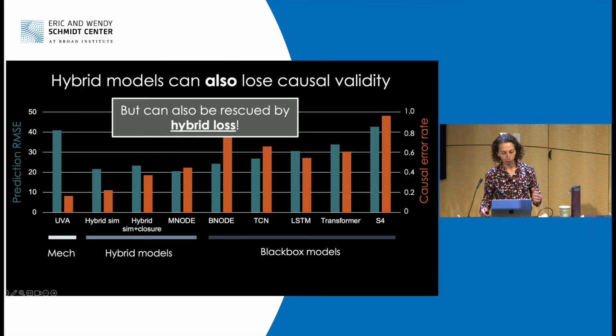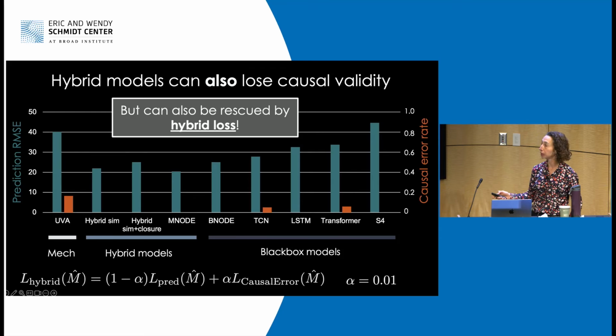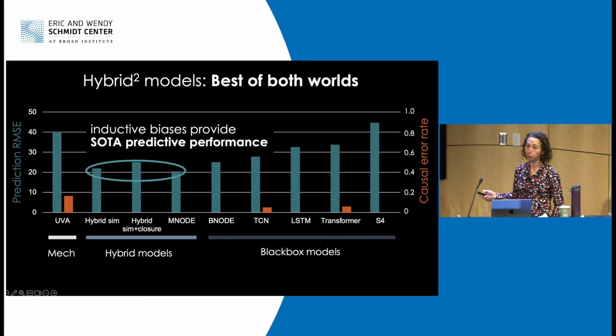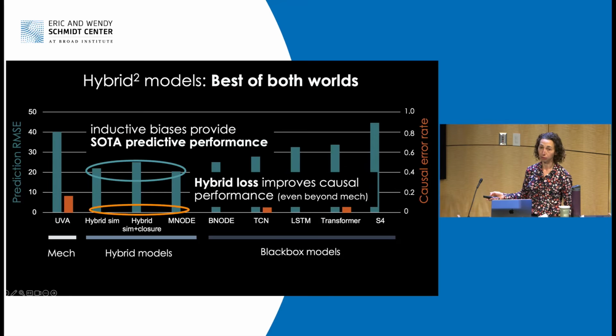But we can also train these models with a hybrid loss, and doing so really gives us the best of both worlds, where we have state-of-the-art predictive performance and negligible causal error, even lower than the pure mechanistic model. The take-home message here is that inductive bias is really key.